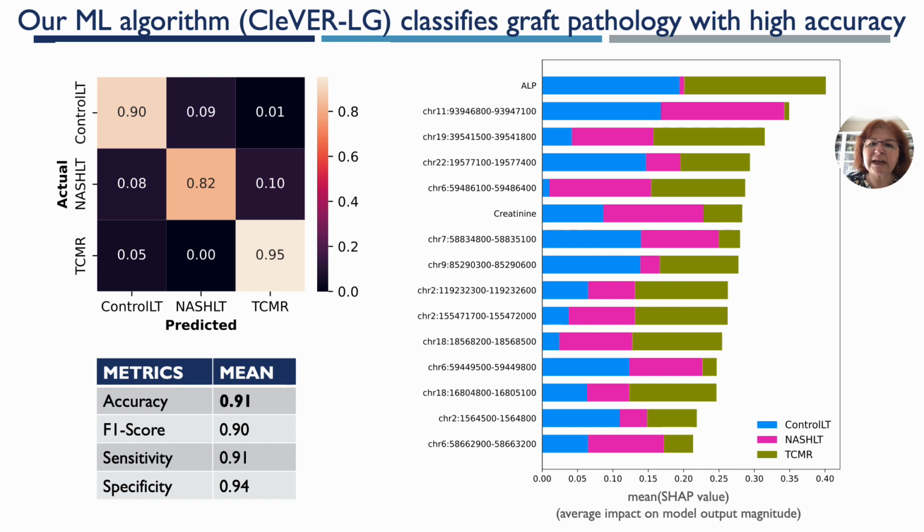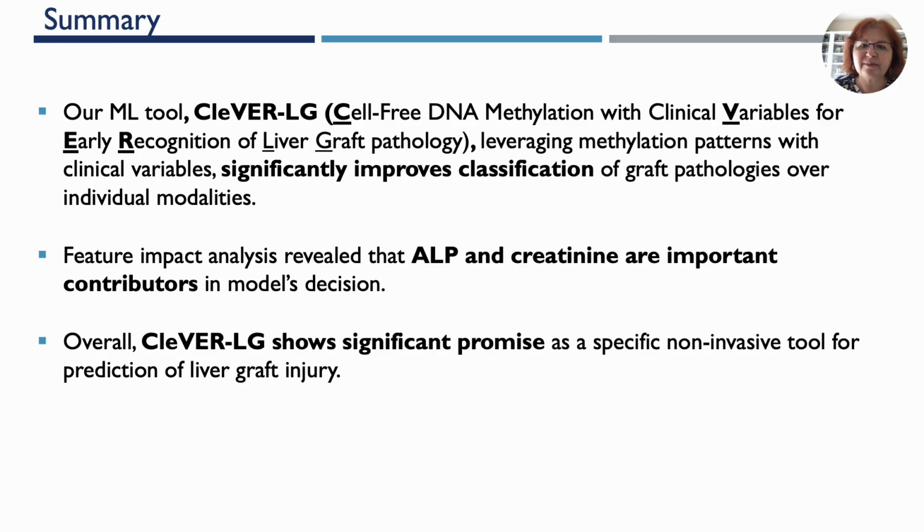Feature importance analysis, or Shapley analysis, identified the top-ranked features, including several DMRs and a few clinical variables such as ALP and creatinine. So in summary, our machine learning tool that we call CLEVER-LG, leveraging methylation pattern with clinical variables, significantly improves classification of graft pathology over individual modalities.